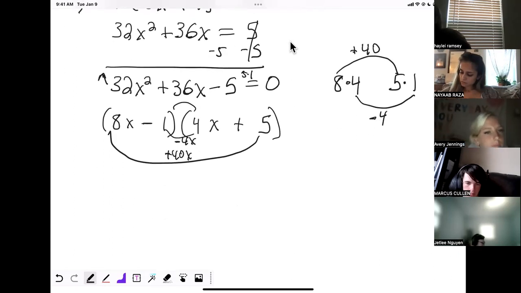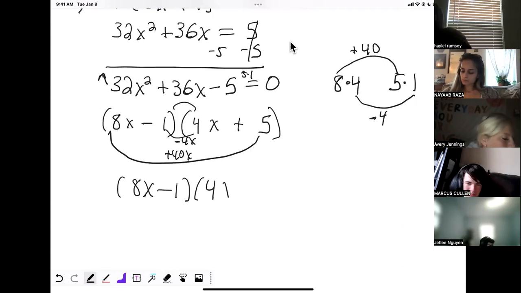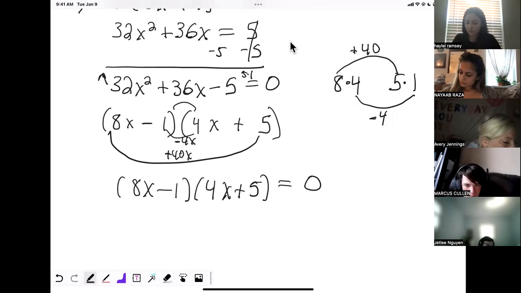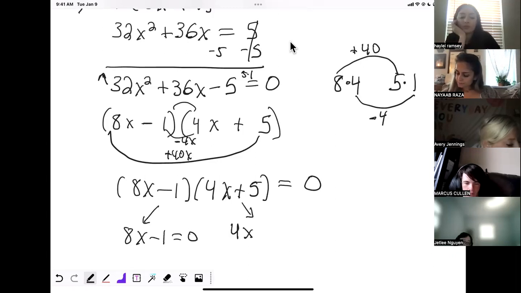Okay, so my factoring is 8x minus 1, 4x plus 5, all equal to 0. What I do now, I'm going to set each part equal to 0. Define each of my solutions or each of my x-intercepts.